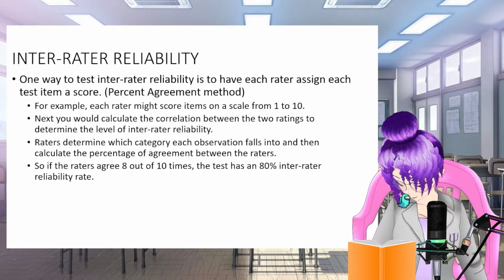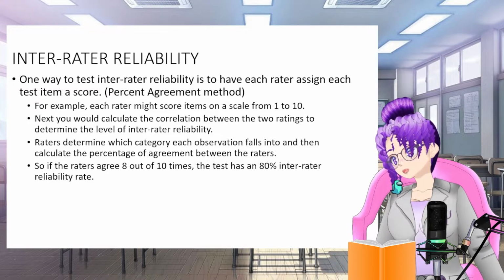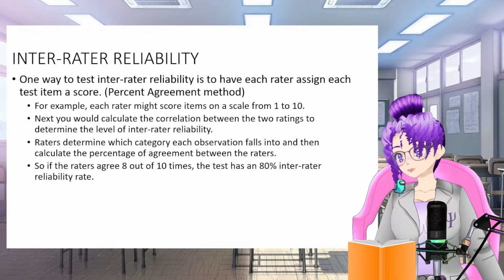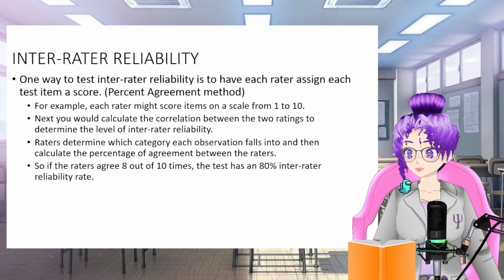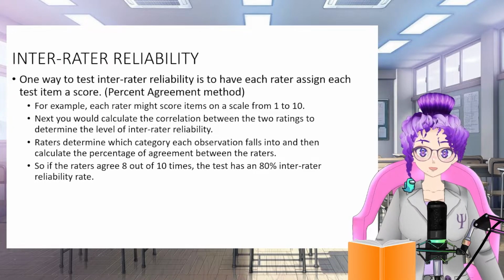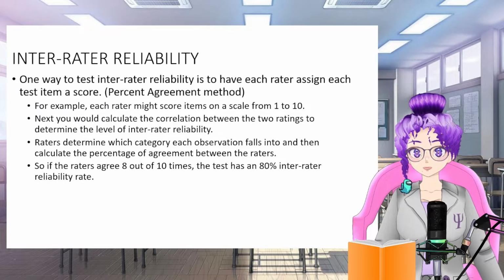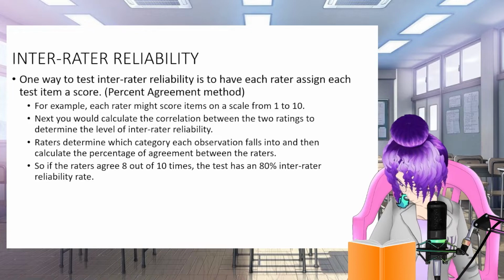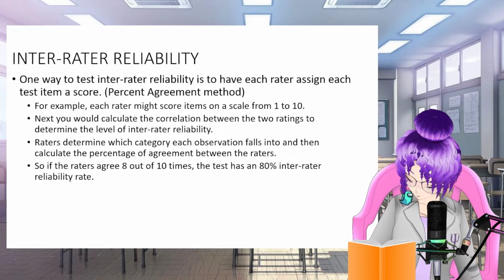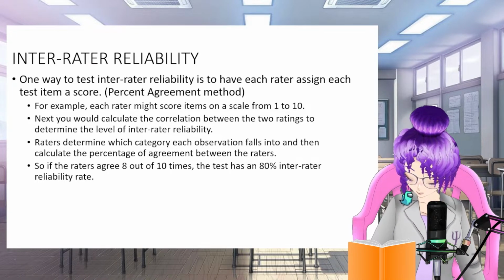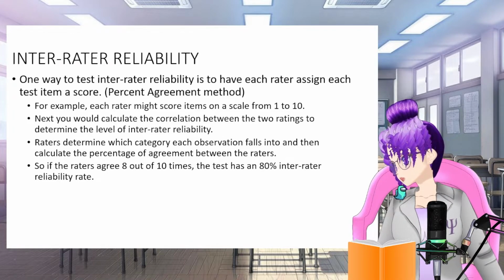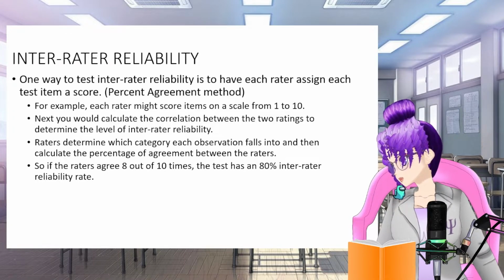Raters determine which category each observation falls into and then calculate the percentage of agreement between raters. If the raters agree 8 out of 10 times, the test has an 80% inter-rater reliability rate. For example, if two raters assign the same ratings to 40 of 50 behavioral observations, the percent agreement is 80%.